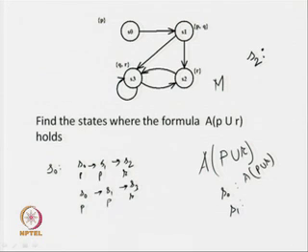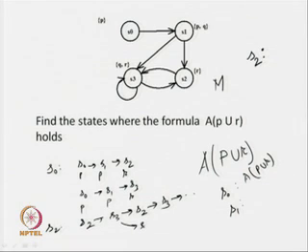From S2 we have a path to S3, S3 to S2, and S3 to S2 to S3, like that. Along with that, when I come to S3, it can remain in S3, S3, like that. So these are the possible execution traces.